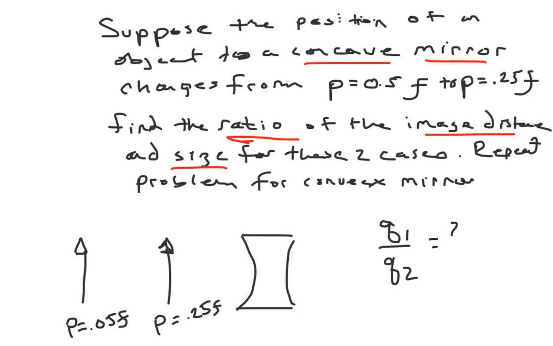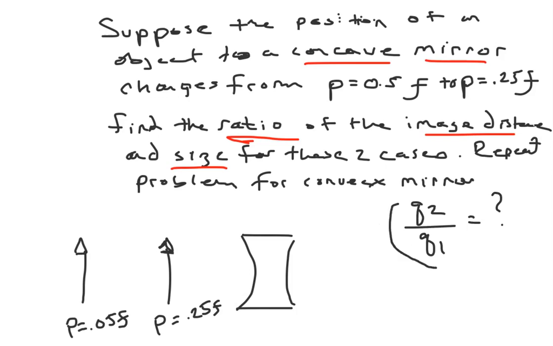Hold on one second. What's the other thing he's asking you for? Sorry, I wrote that backwards. It's Q2. No, he's also asking you for the ratio of the size. What is that?